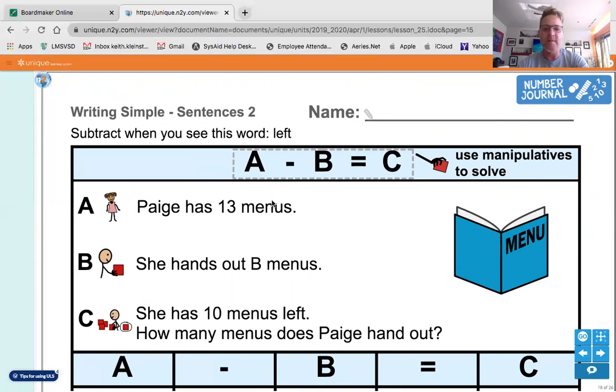You do not obviously maybe have menus, but maybe you can use books at home with your child, or you can use magazines. You can use just pieces of paper, whatever you have available. Paige has 13 menus. B. She hands out B menus. C. She has 10 menus left. How many menus does Paige hand out?